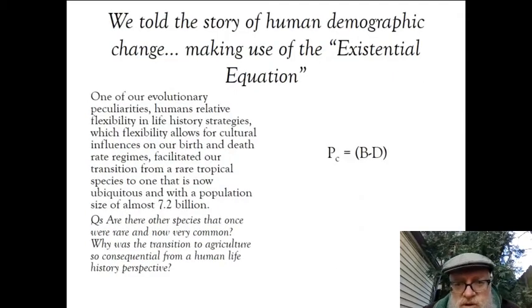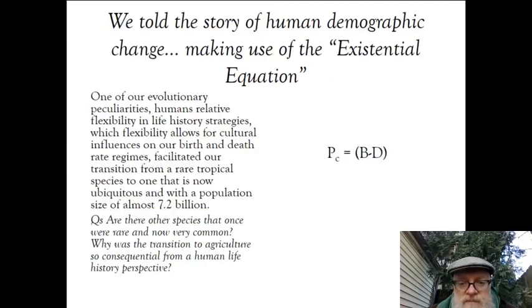We also told the story over the course of the quarter about how humans transitioned from being this relatively rare tropical primate to become almost global in distribution, and made use of what I call the existential equation, the recognition that population change is understood by looking at those factors that determine the regime of births and deaths.